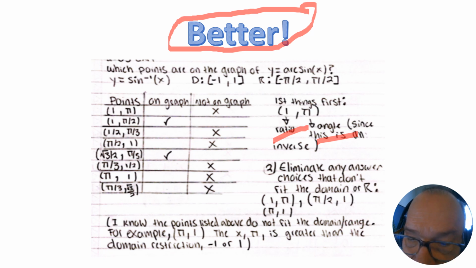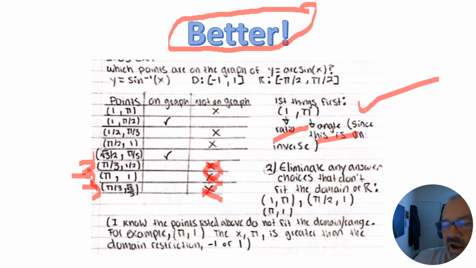And that'll help them with some of these. They have an angle first, angle first, angle first. So they could throw out all three of those just based on first things first. The ordered pairs are not in the correct order.